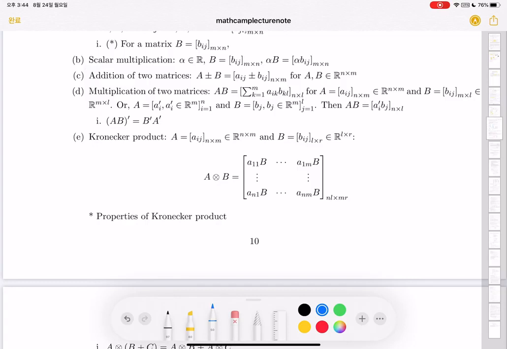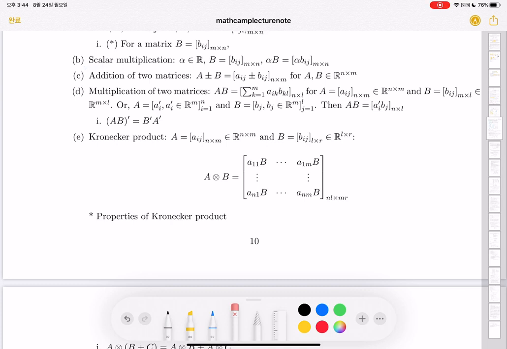There's a convenient mathematical operation which is called the Kronecker product. Matrix multiplication has some restrictions on the dimensionalities of matrices.